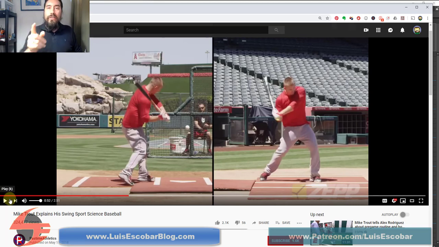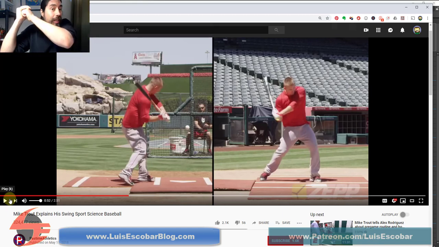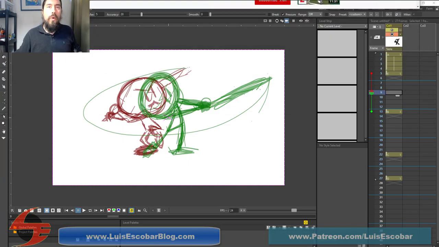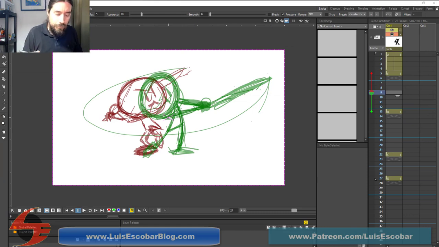So that's really important. He goes up, down, and then swings. It's not one action. The arm stays up, he plants his foot, and then he swings. So you really have to be paying attention to the order of things.